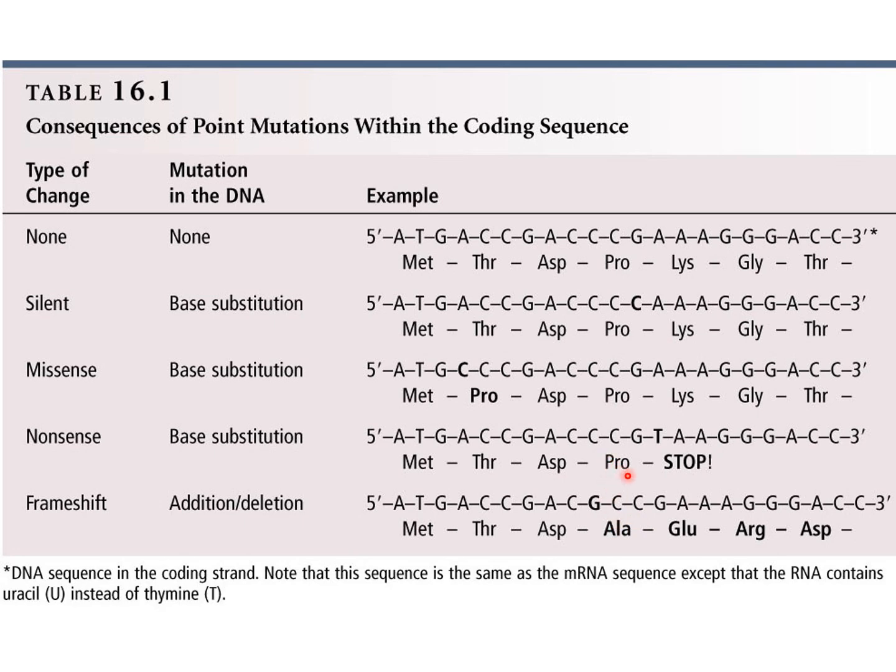Instead of proline, these three nucleotides will code for alanine. When one nucleotide is added, you have a frameshift. The reading of the codon will shift, so it affects the rest of the amino acid sequence. Now you will have completely different amino acids right after the addition or deletion.